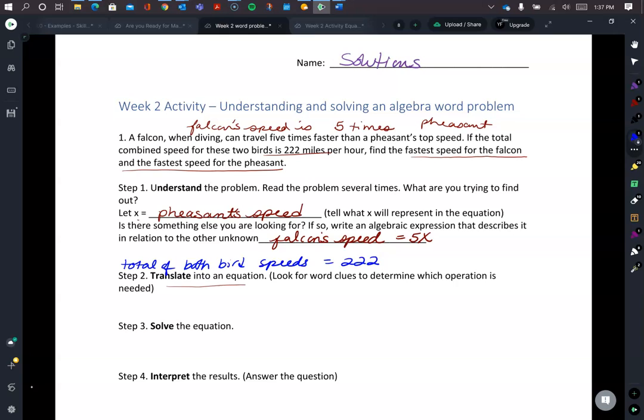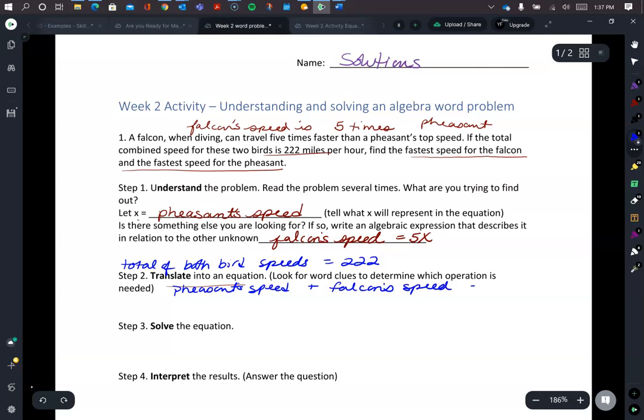So another way to say that is pheasant speed plus falcon's speed equals combined speed.